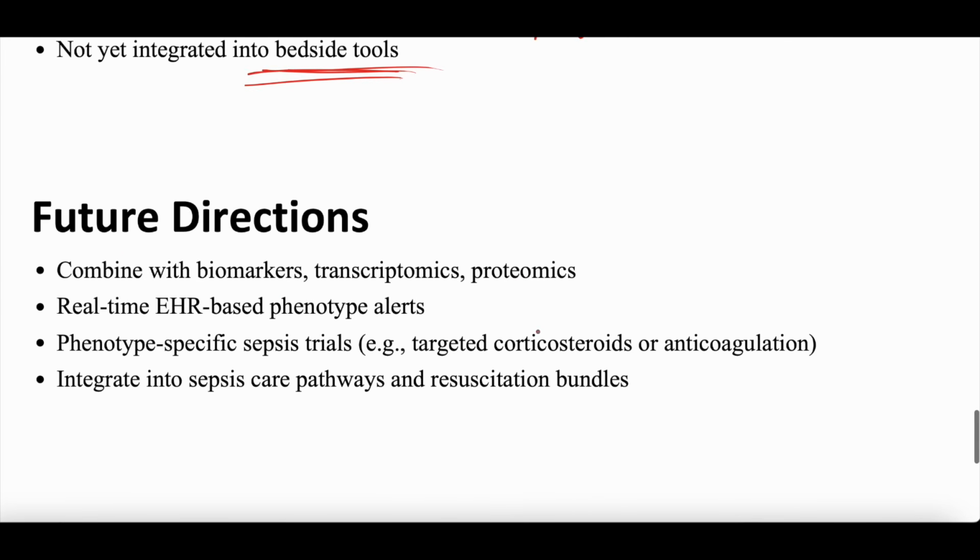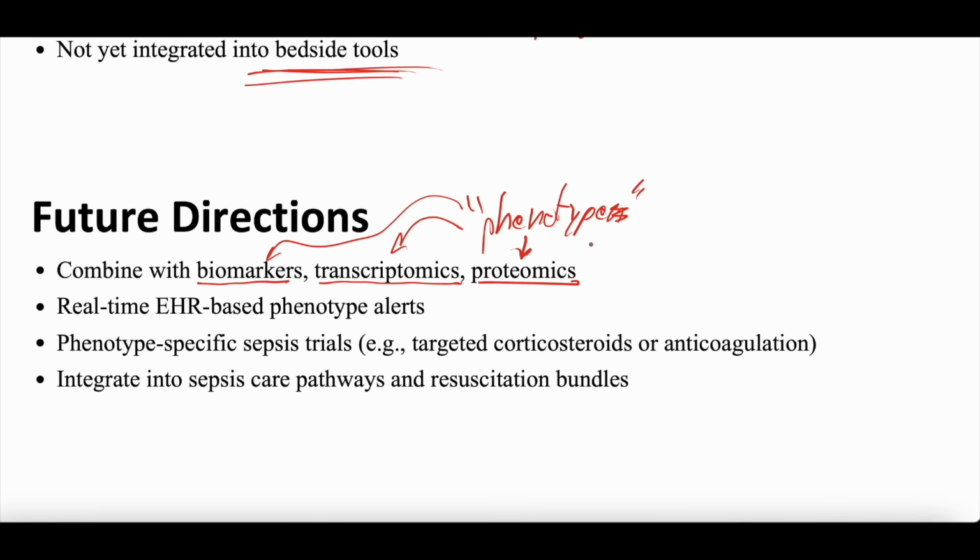Future directions, as we said, look at this combined with biomarkers. There's fancy things like transcriptomics, proteomics. All these are being used to phenotype in sepsis. Many of them are not clinically oriented right now, but maybe they will be at some point. Could you combine these clinical phenotypes and find that the proteomics, transcriptomics, or biomarkers also vary based on these clinical phenotypes?